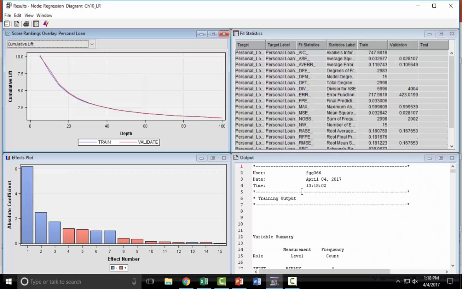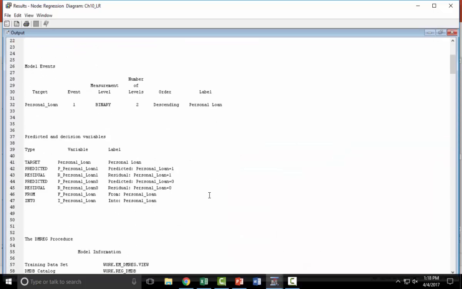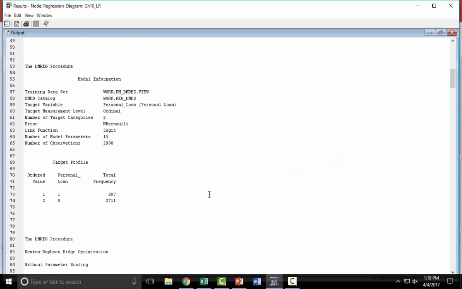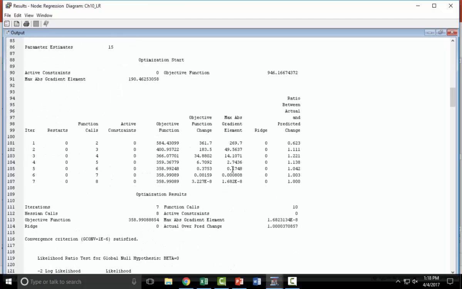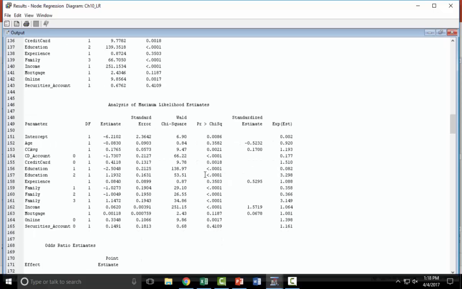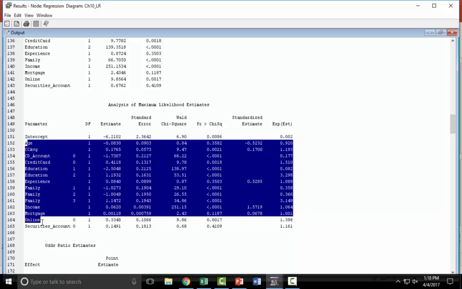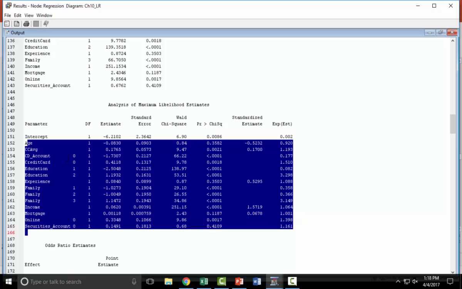Look at the results. Okay, lots of other results, but here is where you see what's happening. So intercept and then all the variables. Okay.